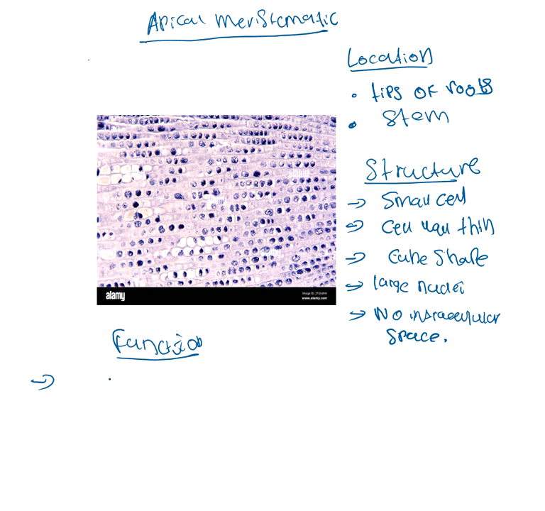They play a major role in the primary growth of the tree, which is the length of the tree. Whether the tree will be tall or short is because of this meristematic tissue.